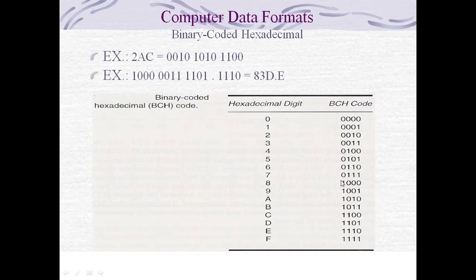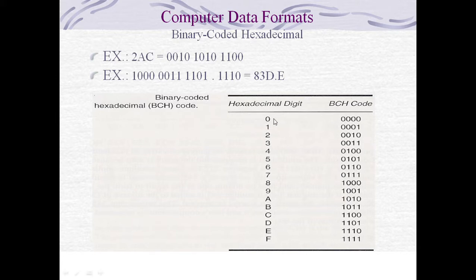To understand this, or to remember this table, just convert these numbers to binary, and if the number we get after the conversion is less than 4 bits, then write zeros on the left hand side of that number to make it a 4-bit number.